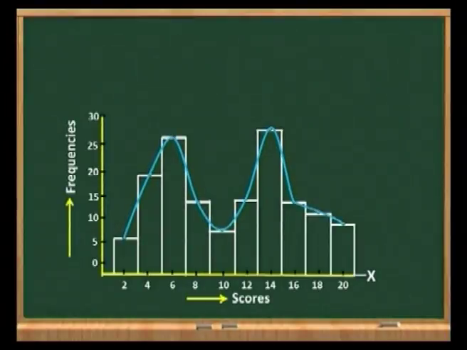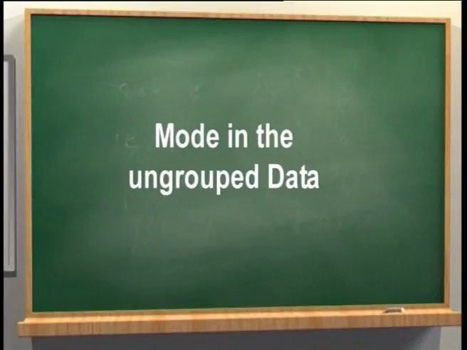Some distributions can even be multimodal, that is, having more than two modes. We may define mode as the point on the scale of measurement with largest frequency in relation to other values in the neighborhood. Let's now find mode for an ungrouped data.